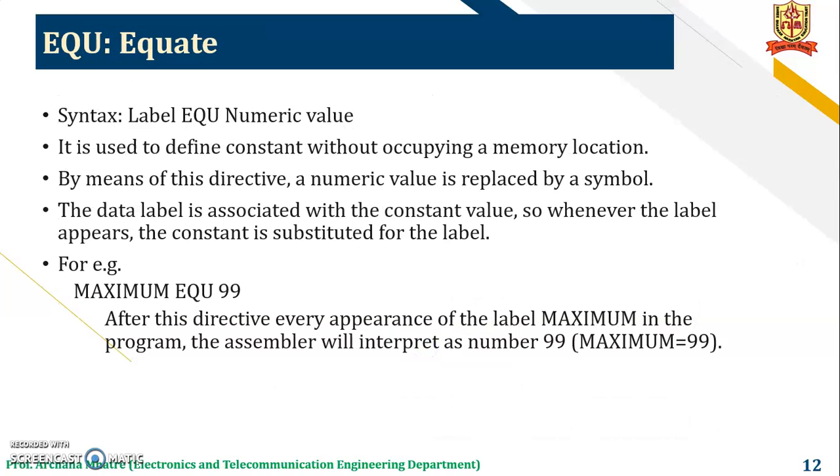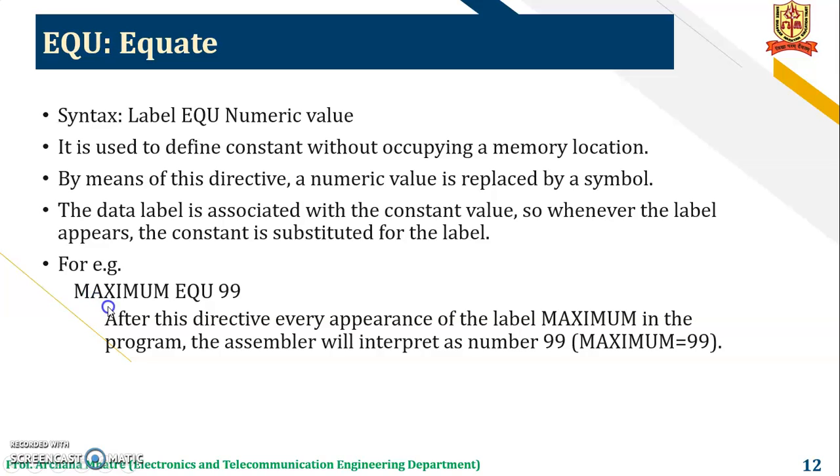Next directive is EQU, that is equate. The syntax of the equate directive is label EQU numeric value. It is used to define a constant without occupying a memory location. By means of this directive, a numeric value is replaced by a symbol. The data label is associated with the constant value, so whenever the label appears, the constant is substituted for the label.